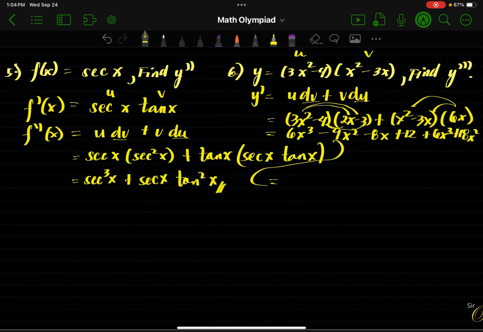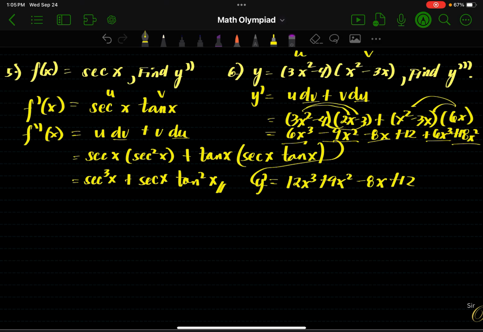Then simplify. We have 6x cubed plus 6x cubed, that is 12x cubed. Negative 9x squared plus 18x squared, that is positive 9x squared. Negative 8x, just copy, and positive 12. And that is our first derivative.